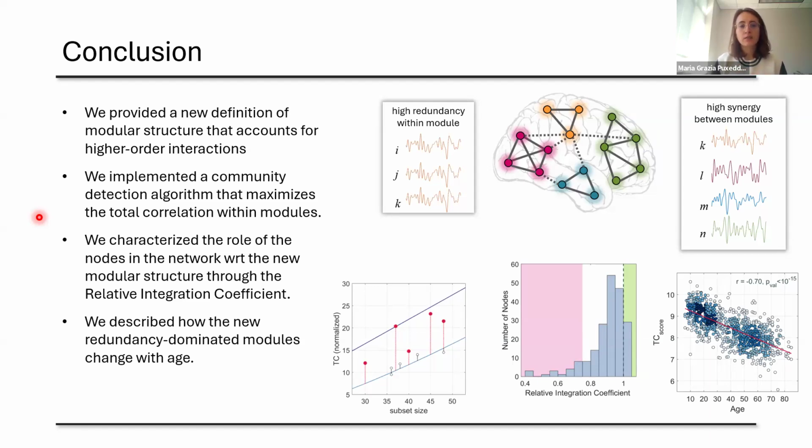We characterize the role of the nodes in the network with respect to the new modular structure, and we did that by suggesting this new higher order version of participation coefficient. And lastly, we described how these redundancy-dominated modules change with age.